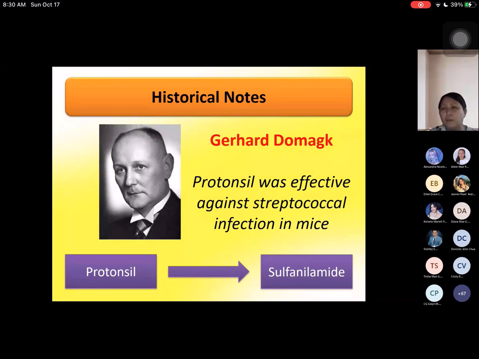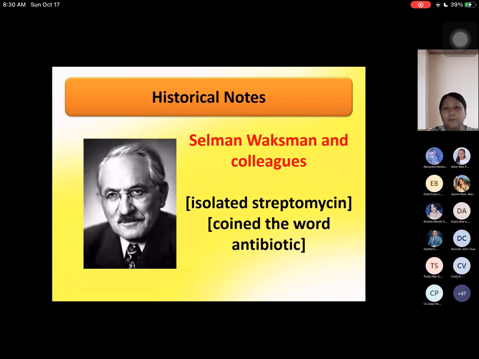Okay, and then we have Selman Waksman and Kolitz. They are the ones who isolated streptomycin. So streptomycin is actually the first anti-tubercular drug, the first anti-tuberculosis drug. He coined the word antibiotic.